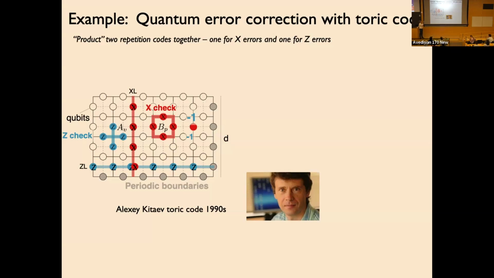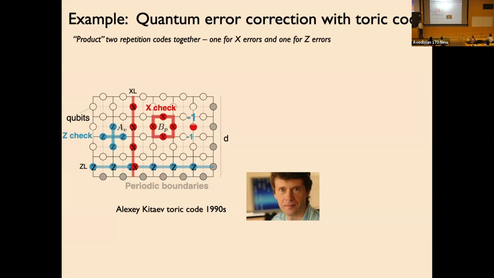You have qubits on this kind of grid, as shown here. And then the stabilizers are the Z and X checks, which are the products of 4 Z operators around a vertex, or a product of 4 X operators around the plaquette.